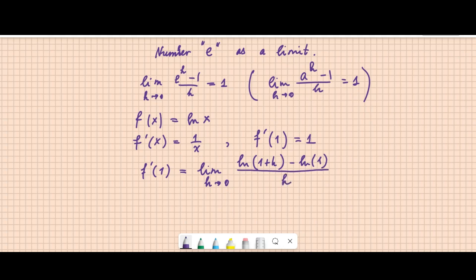Just a standard definition. Just imagine that you have f of 1 plus h. Usually we have x plus h and x, but because we are calculating at a certain point 1, we are going to have 1 over here.